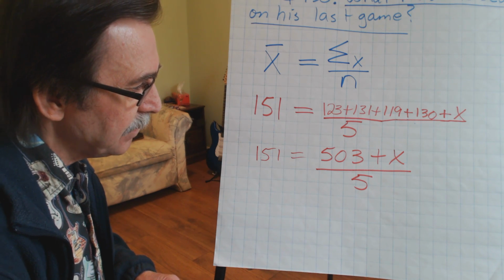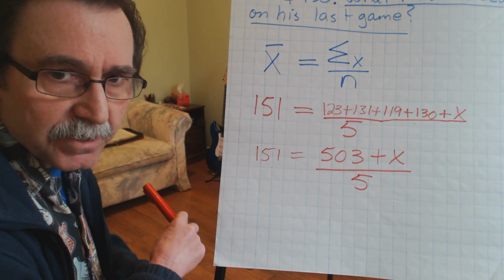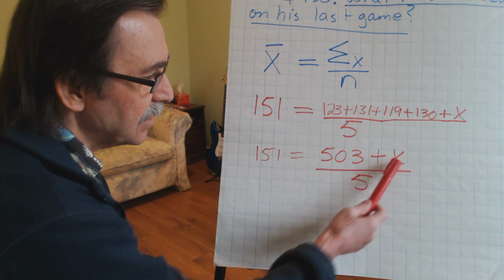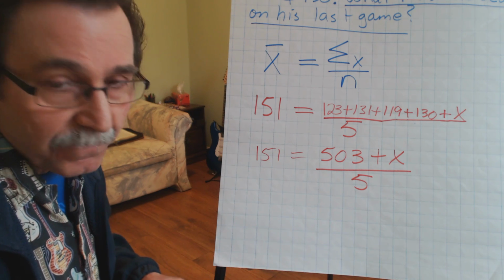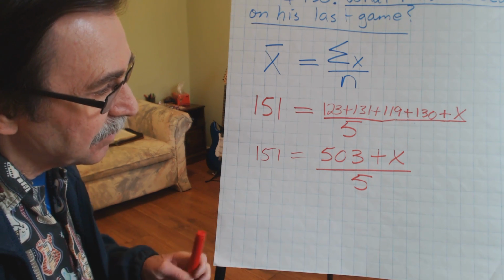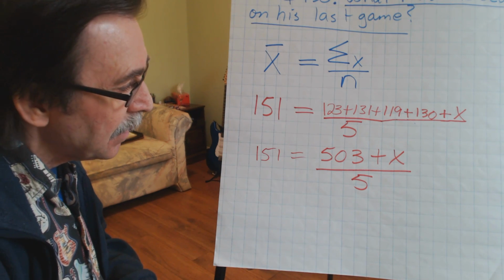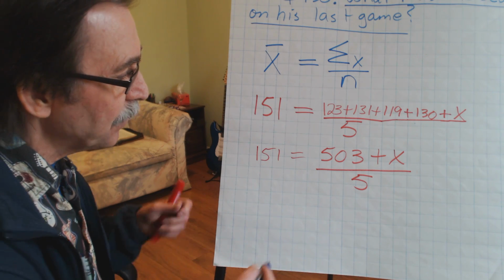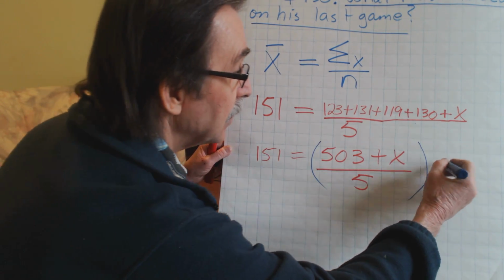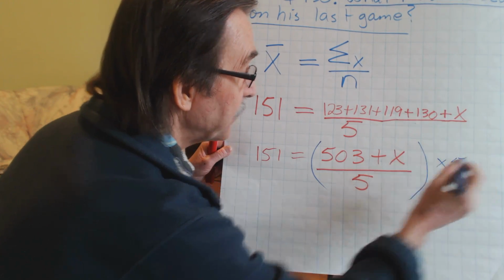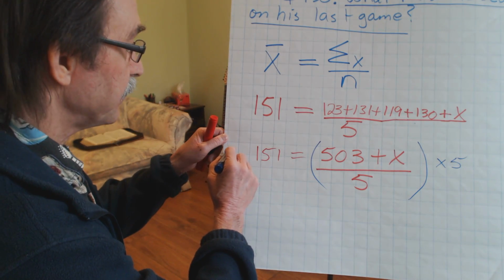Okay, so I can't really take the 503 out yet because it's still connected to the X, but I can get rid of the 5. And the 5 in this case is a divisor, and as a result I'm going to undo that division by 5, and I'm going to multiply both sides by 5.